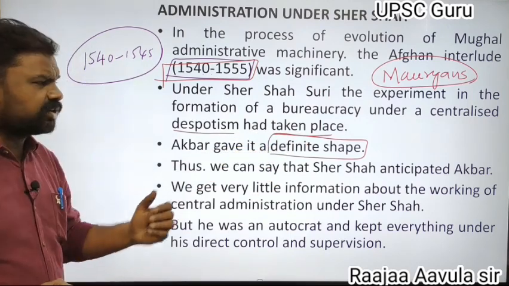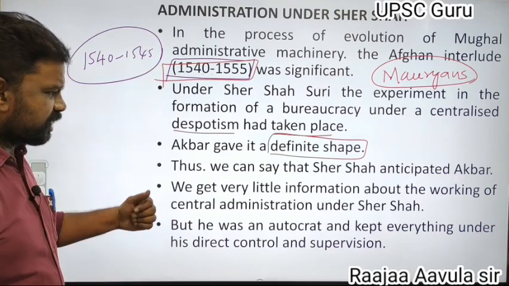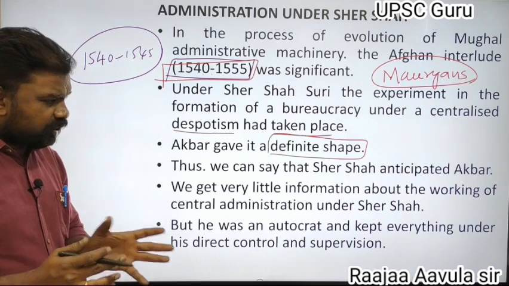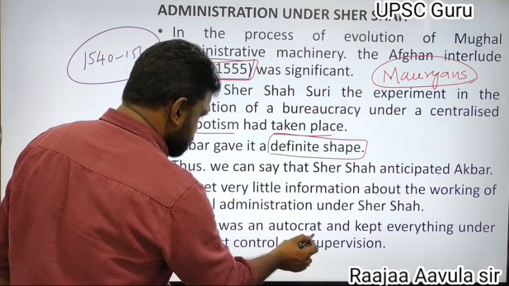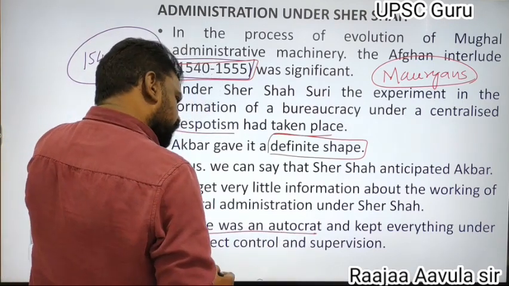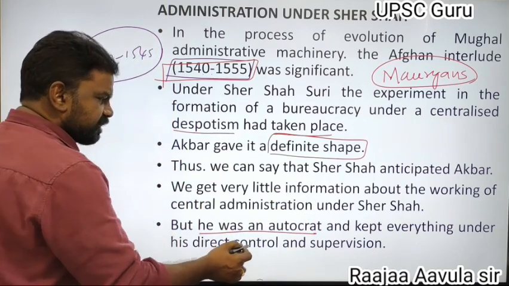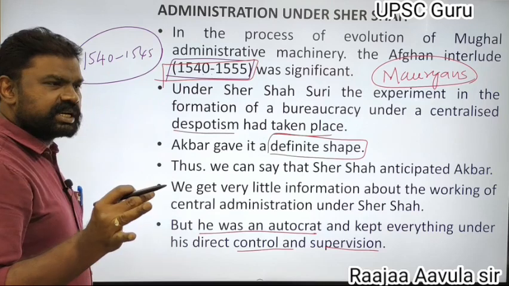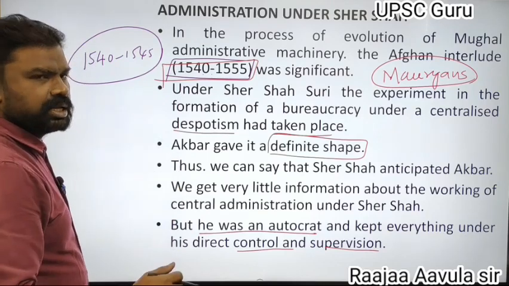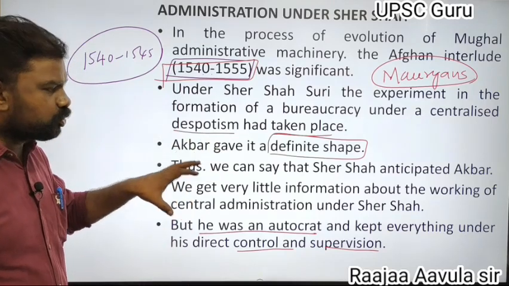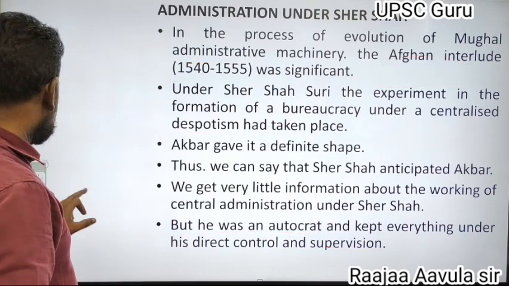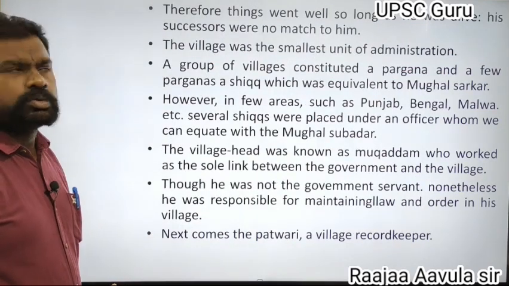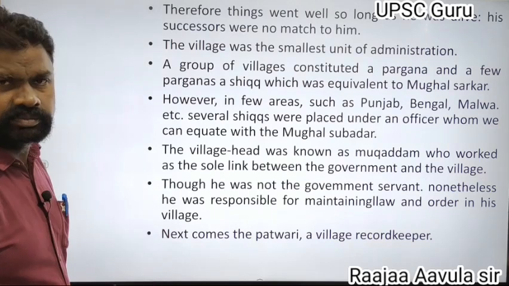We get very little information about the working of the central administration under Sher Shah. But he was an autocrat and kept everything under his direct control and supervision. Therefore, things went well so long as he was alive.